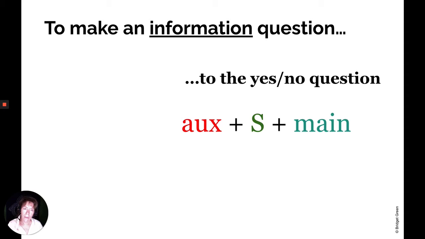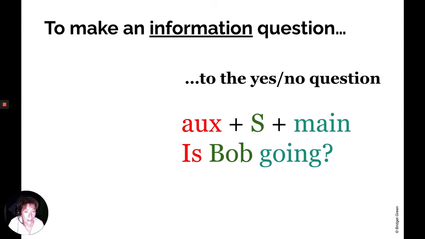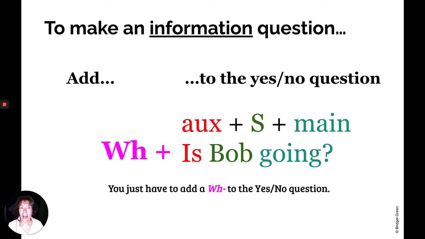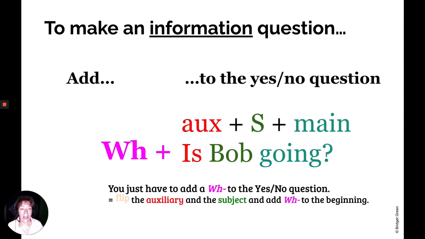That's the auxiliary plus the subject. Remember, the auxiliary and the subject kind of flip. Good. Is Bob going? And then, after you have the yes-no question, you will just add the WH to the beginning of the yes-no question. Ding! Like that. So, just add WH to a yes-no question. The auxiliary and the subject flip, yes-no at the beginning.